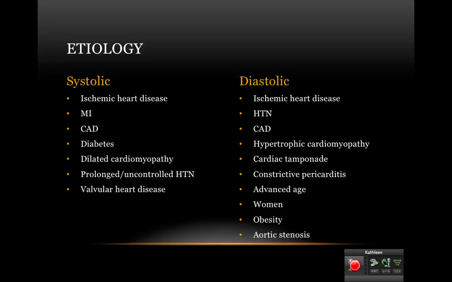Despite this thickening, the ventricular size often remains normal. However, the thickening may block the blood flow out of the ventricle. If this occurs, the condition is called obstructive hypertrophic cardiomyopathy, and you oftentimes see that with diastolic heart failure.